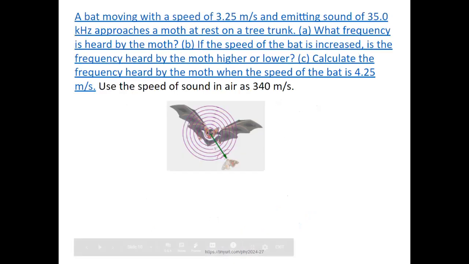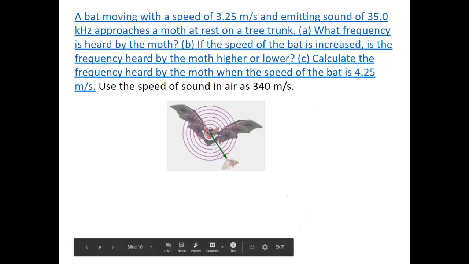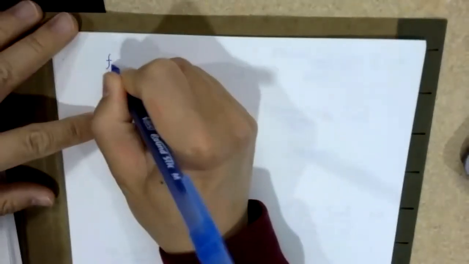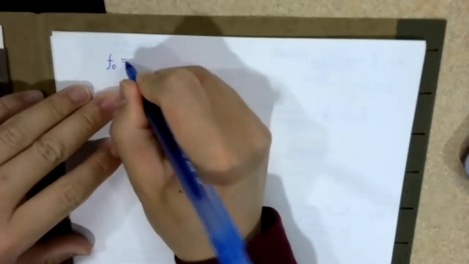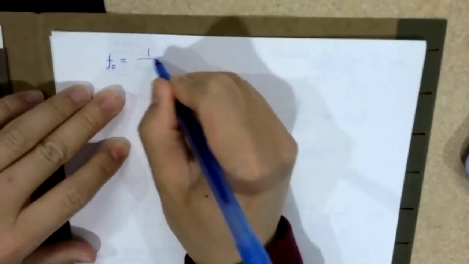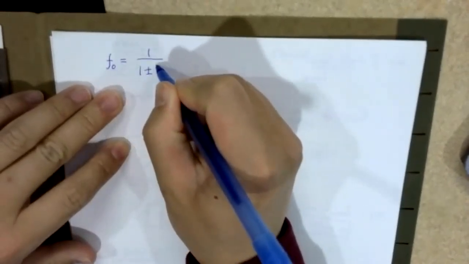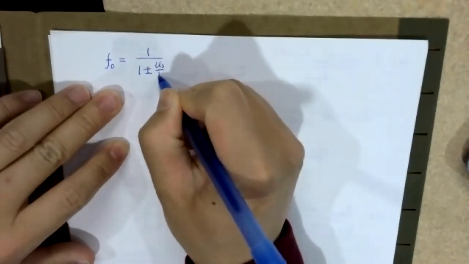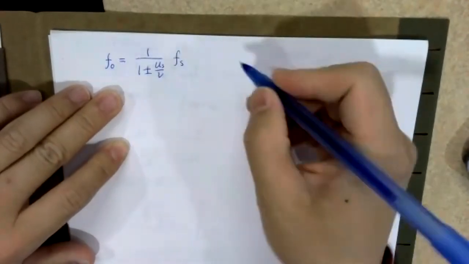All right, then we'll be looking at this example here. The equation you want to use is F observer equals 1 divided by 1 plus or minus U_S over V, times F_S.